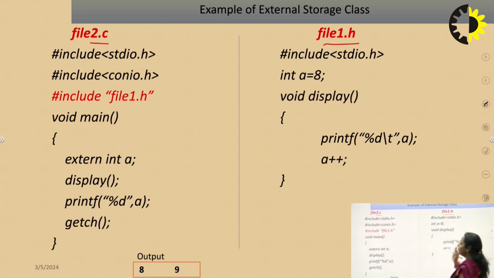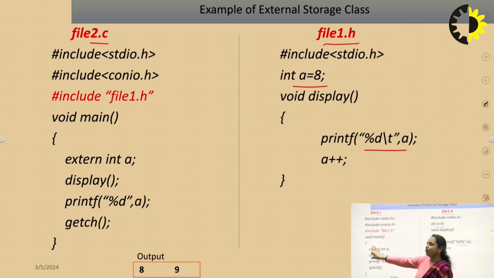What file1.h is doing is that it has a variable a holding the value 8, and a function display that prints the value of a plus plus. That's it. Whenever I include file1.h within file2.c, whatever code I have written in file1.h is imported into this file, meaning this code is a part of file2.c.